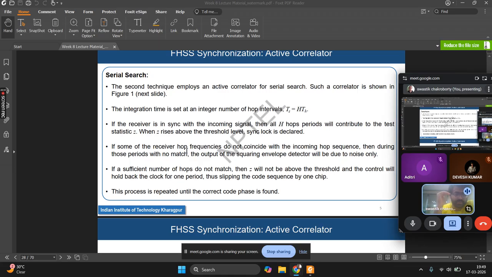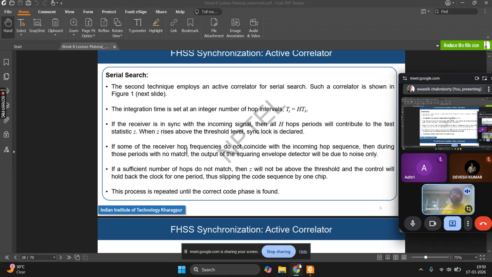So your test statistic will keep increasing till Z crosses a threshold. Then you will say, okay, enough, I have observed enough syncs from which I can confidently say that I have achieved sync lock. But if your receiver is not in sync, basically the hop pattern that you are getting and the hop pattern you are generating are very far apart.